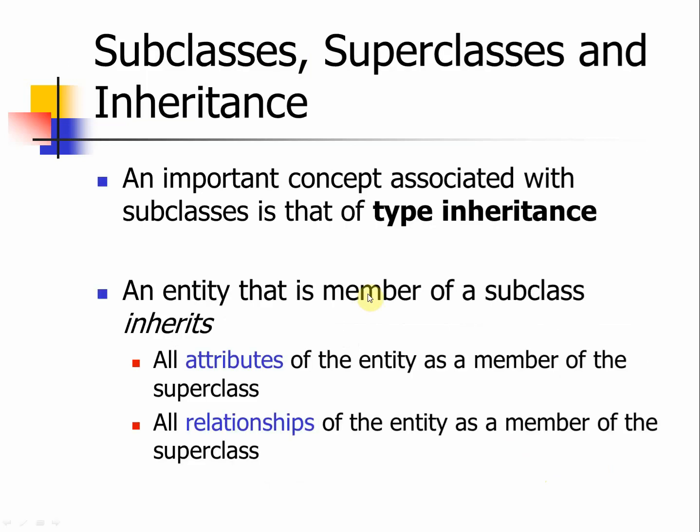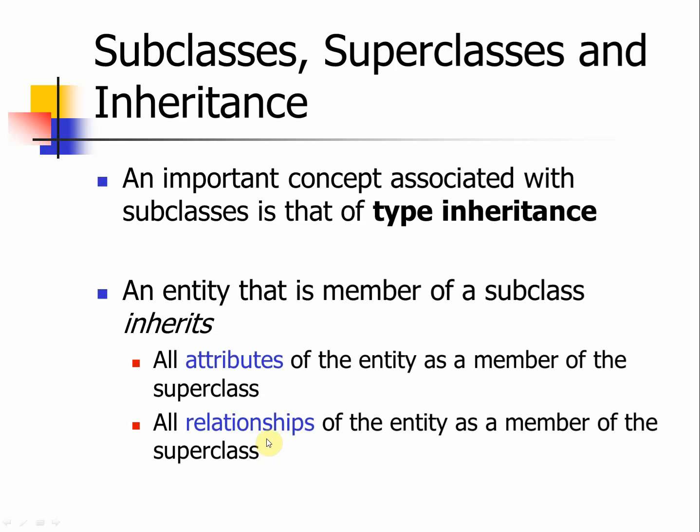An important concept of the superclass and subclass comes from type inheritance, and this is exactly the same inheritance concept that you have in your programming languages class. An entity that is a member of a subclass inherits all attributes from the superclass and all relationships from the superclass.